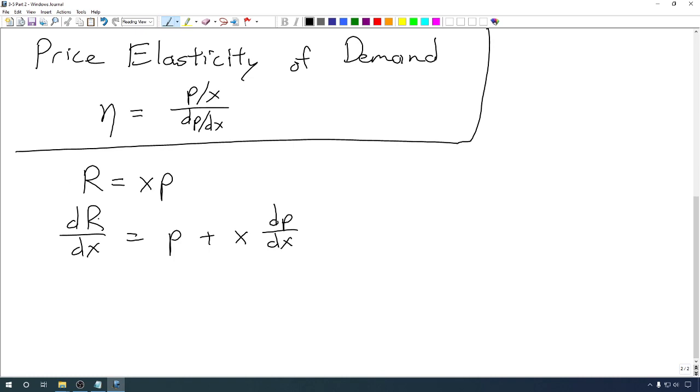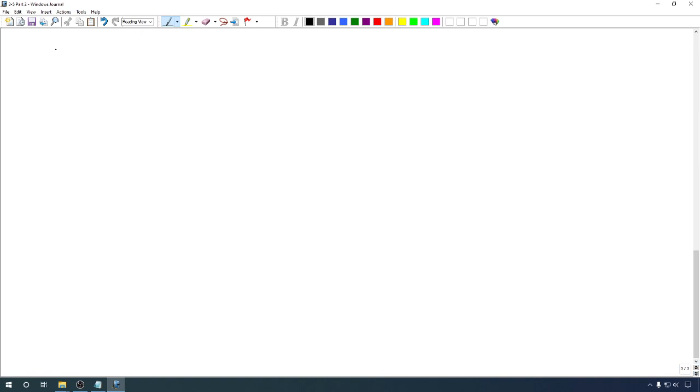If we want to compare the marginal revenue to 0, watch what happens. So I'm going to start with, let's say, a situation where the demand is very responsive to change in price.